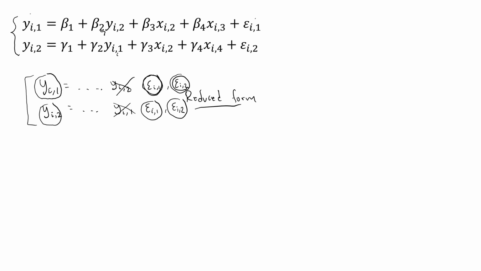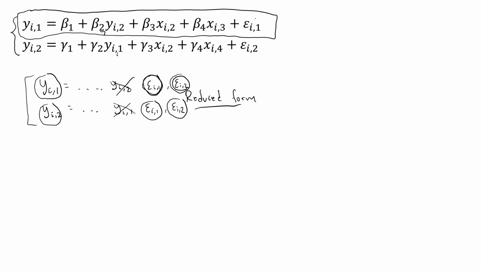Well, the answer is, let's consider the first equation by itself. What we have concluded is that these two will then be correlated. The explanatory variables of the first equation, which are these ones, they are not exogenous, well, at least not all of them.